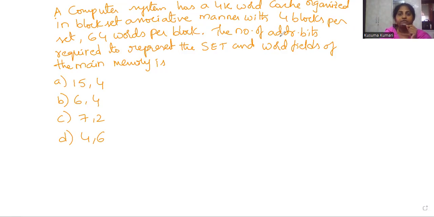The number of address bits required to represent the set and word fields of the main memory is, the options are 4 and 6 bits, 7 bits and 2 bits, 4 bits and 6 bits. These are the address bits required to represent set and word fields. So now, how can we solve this?